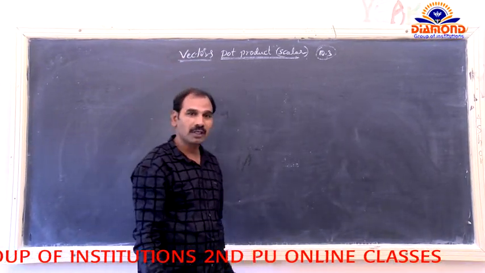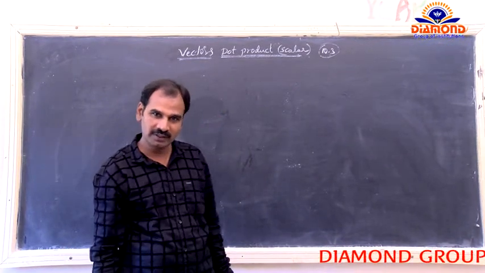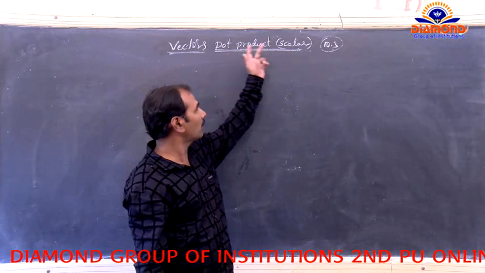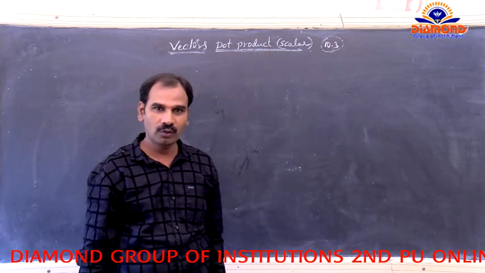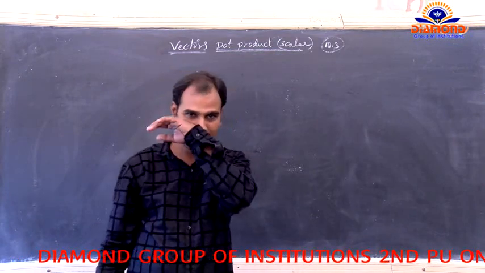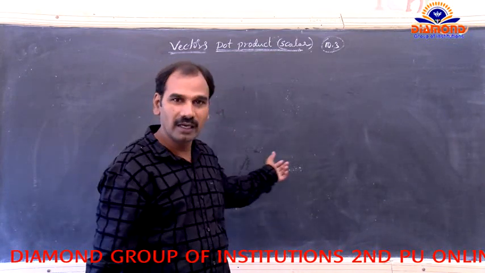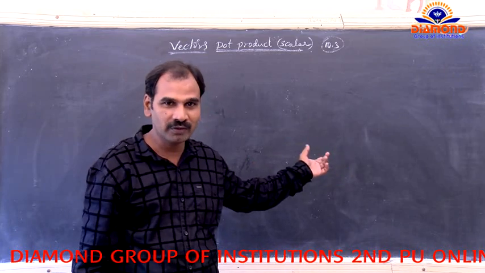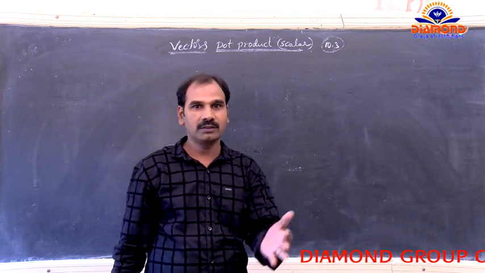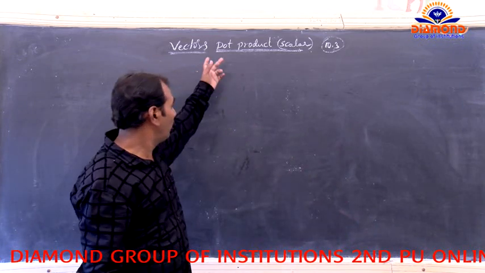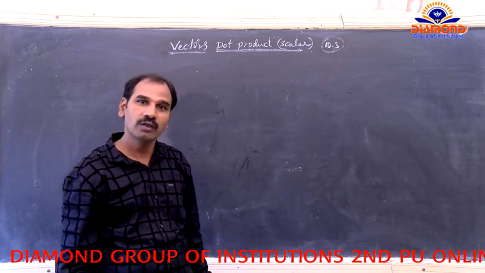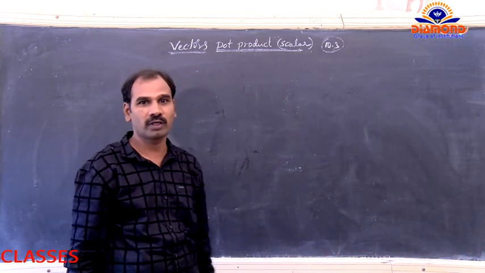So today we discuss the vectors topic: dot product or scalar product. Just before class, we calculated the addition of vectors and multiplication by a scalar, and we discussed the definitions of scalar and vector.